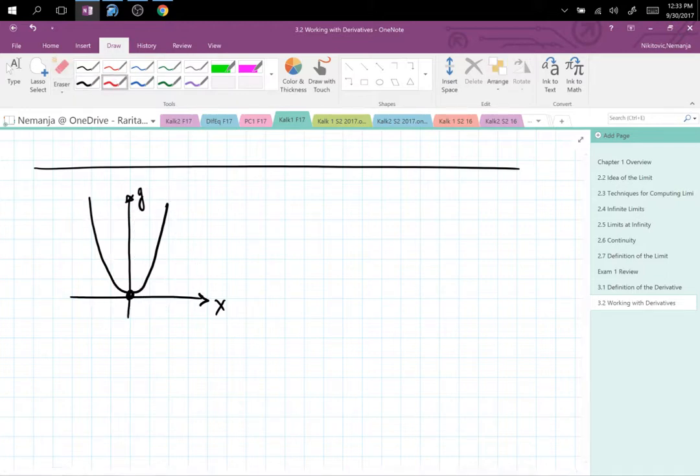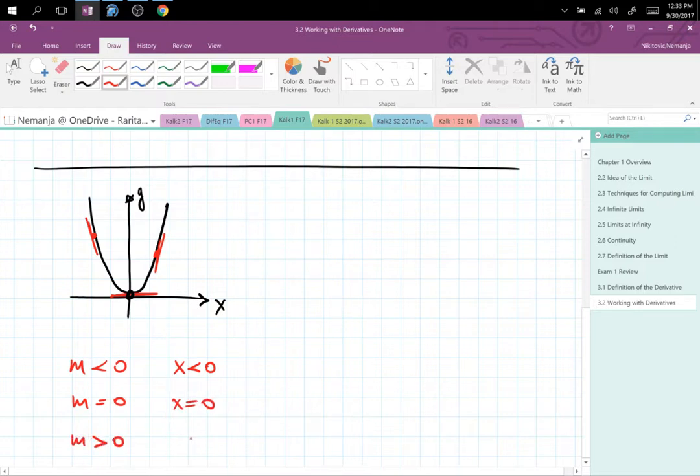So if I draw little tangent lines here, just to see what's happening, I would see that the slope is negative for x less than 0, slope is 0 when x is 0, and the slope is larger than 0 for x larger than 0. Well, there's one-to-one correspondence for these.